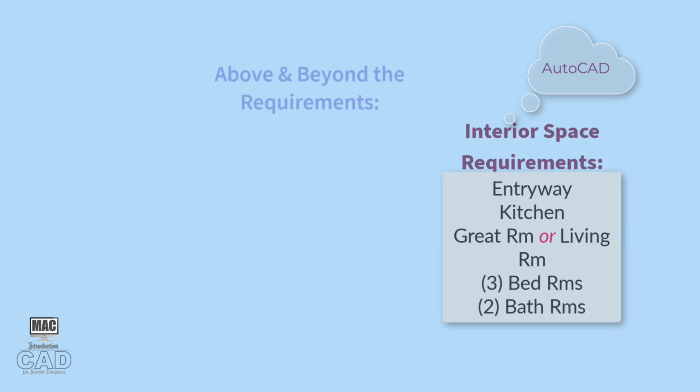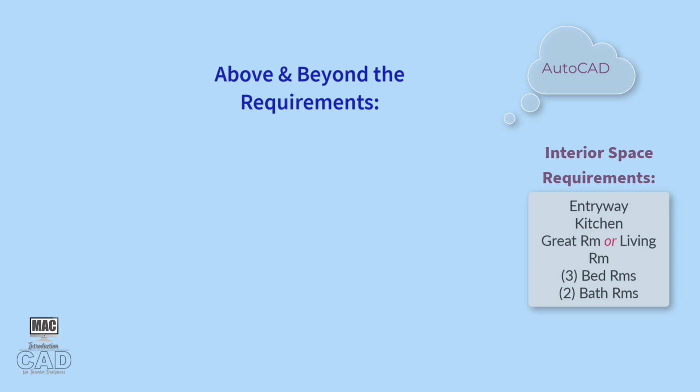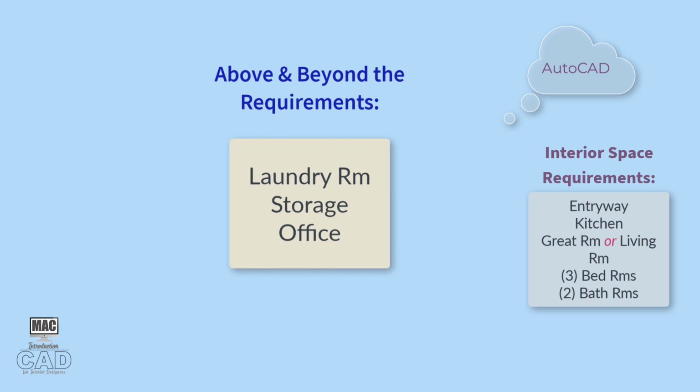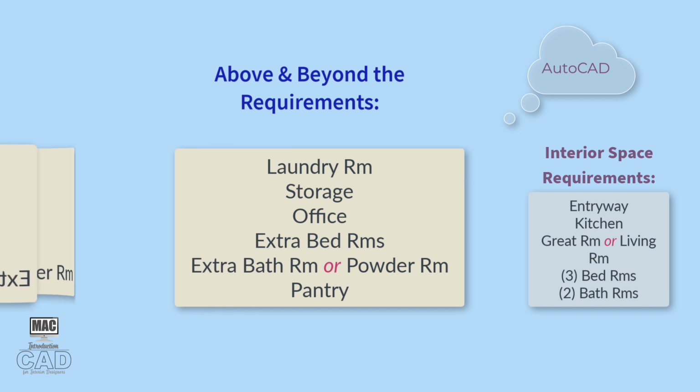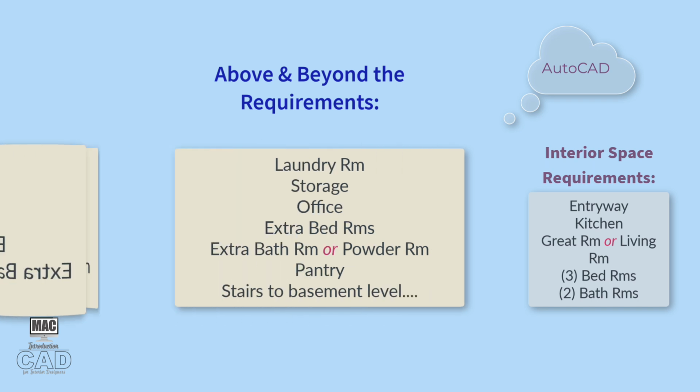If you want to define more than the minimum requirements, you could add any of the following spaces: a laundry room, storage, office, additional bedrooms, additional bathroom or powder room, a pantry, and/or stairs to a basement level.